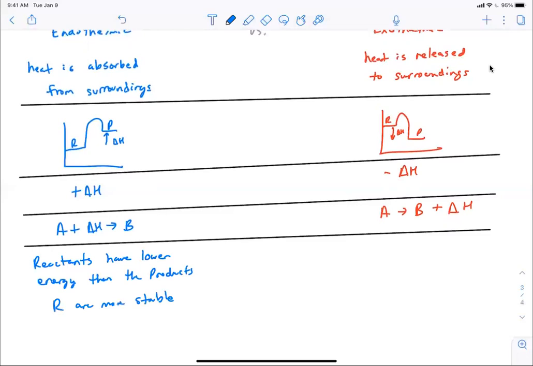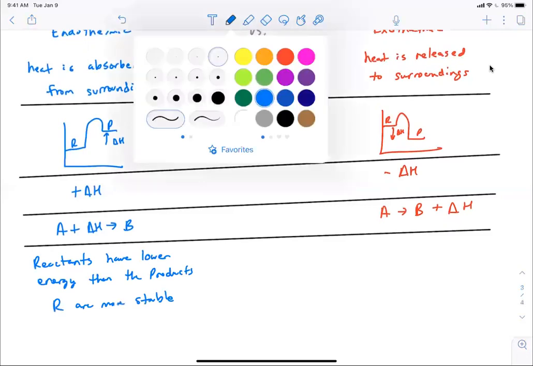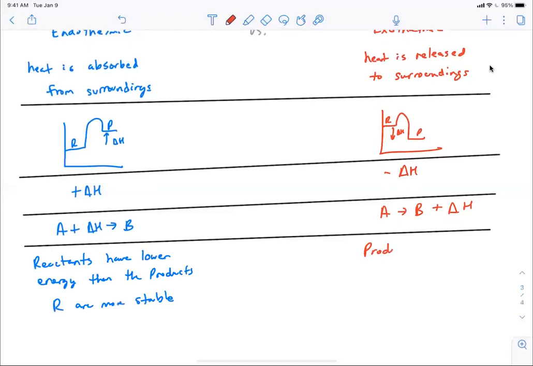Anytime a species or an atom or a molecule is at a lower energy state, it is more stable because species always seek to be in the lowest energy state possible. Whereas here, products have lower energy. So products are more stable.